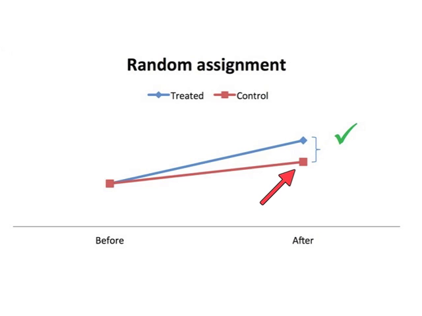Notice that the outcome for the control group has changed as well. We can assume that this change would occur in the treatment group too if the program had not been implemented. However, the difference in outcomes between the two groups can be attributed to the program itself.